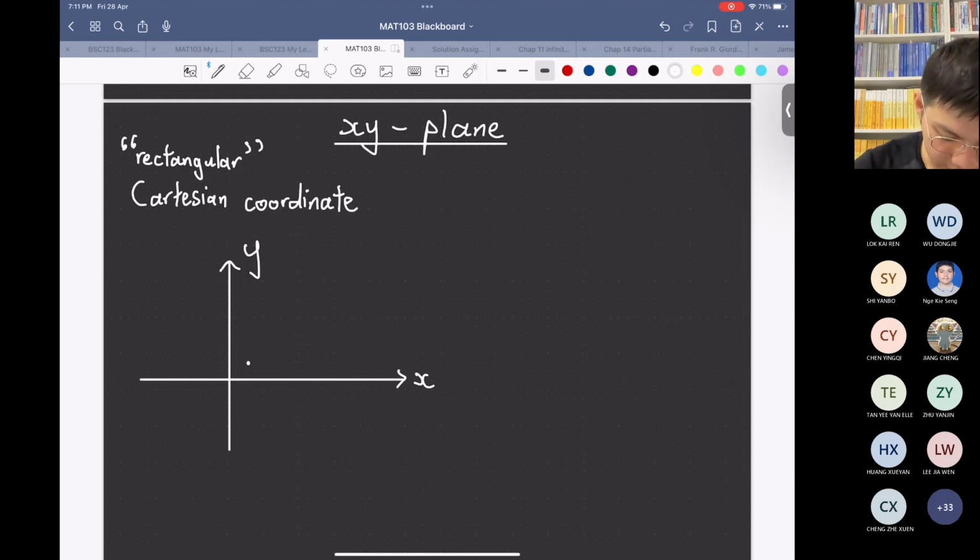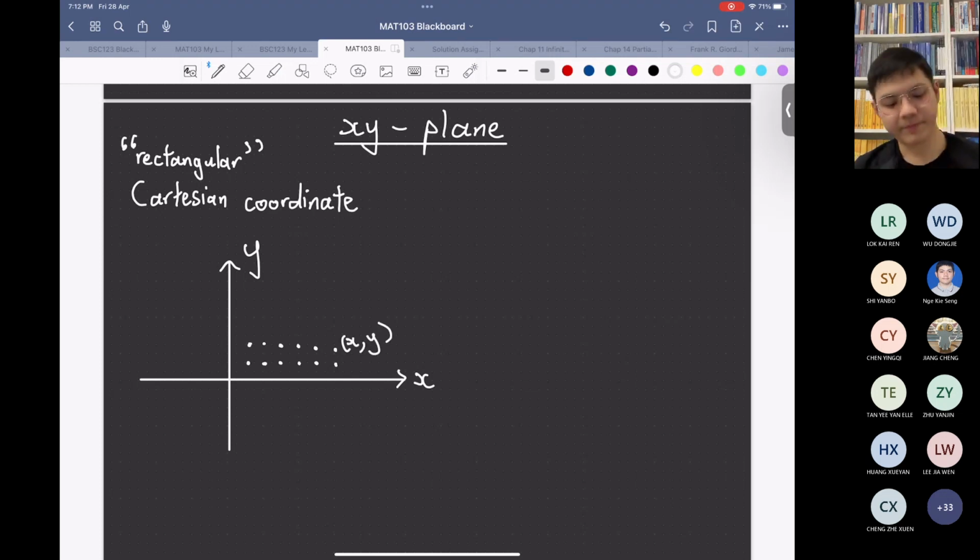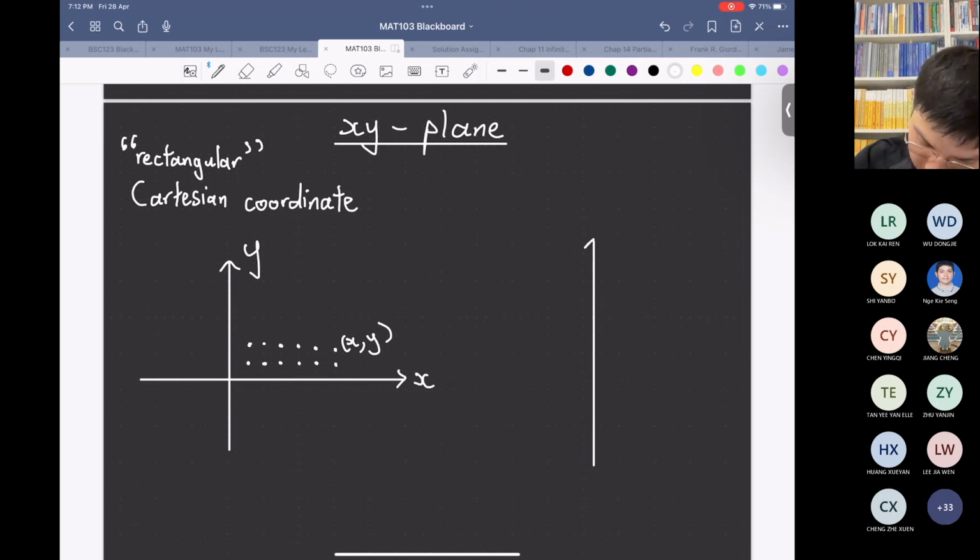So Cartesian coordinate, you can think of it as discrete points here, right? So every point on the xy plane is characterized by x and y. So there's another way you can characterize this plane. Instead of looking at it as discrete points, let's put xy again.